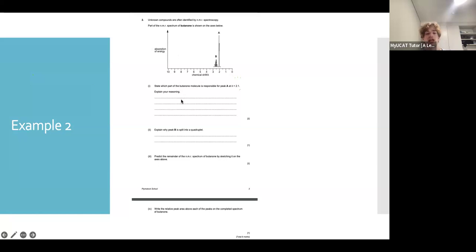You're unlikely to encounter that at A level though, just because that would make it really confusing. So I wouldn't worry too much about that. The thing is though, with carbon NMR, the only two pieces of information you can get from that are the number of environments and what the shifts are. Unlike proton, you don't get the splitting or the relative areas.